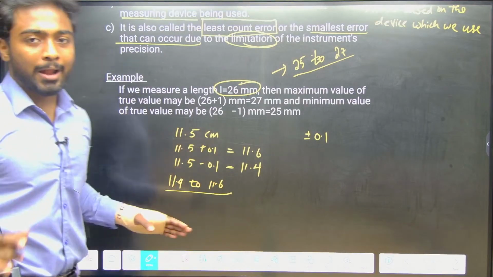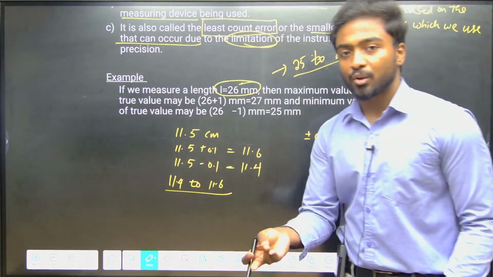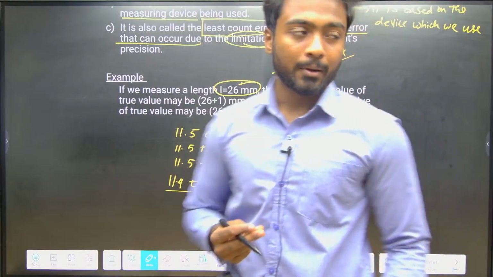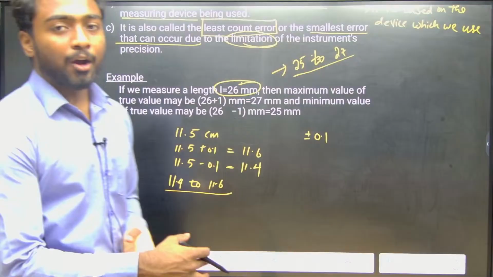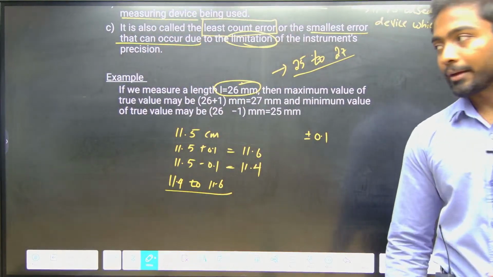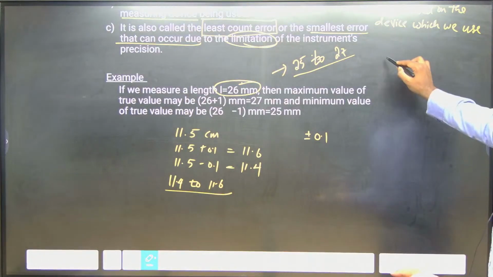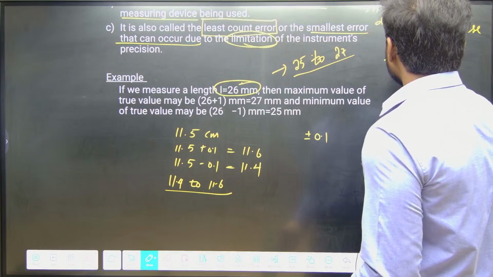It can be any value: 11.4 possible, 11.6 possible, 11.5 also possible. That is the meaning of permissible error. Suppose we are talking in terms of kgs, 72 kg.